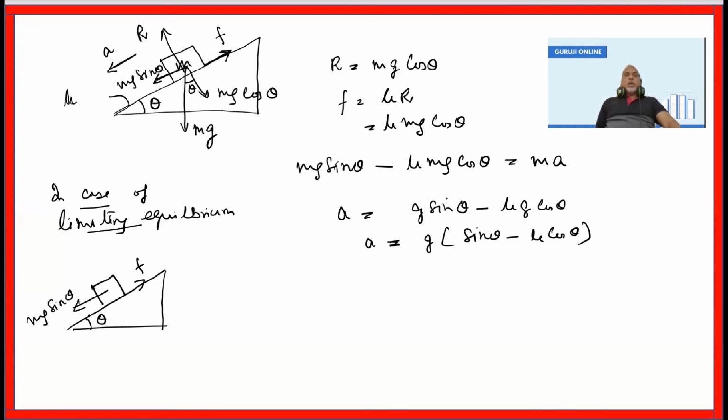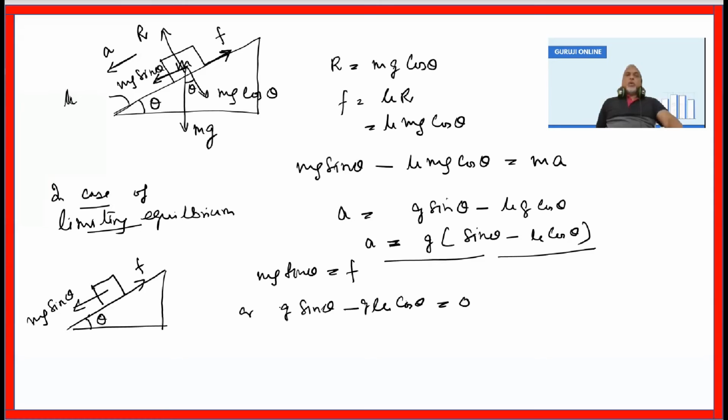Means it is just about to slide, and when it is just about to slide, your mg sin theta must be equal to F. So from here, this will be nothing but g sin theta minus mu g cos theta.